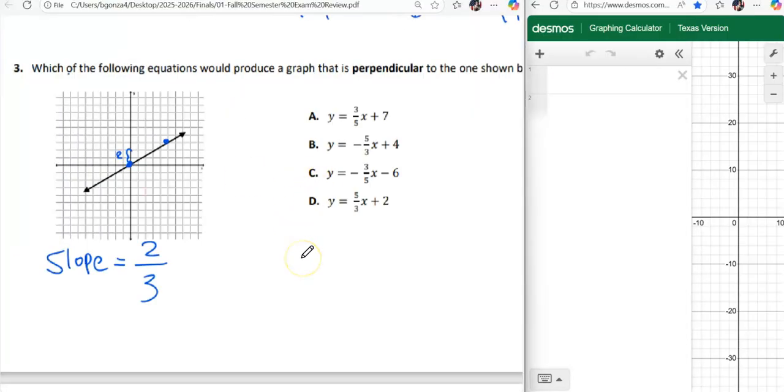Okay. Well, so instead of going up 2, it goes up 1, 2, 3. It goes over 1, 2, 3, 4, 5. So really, this is 3 over 5.